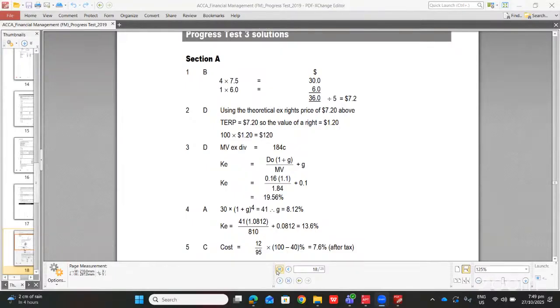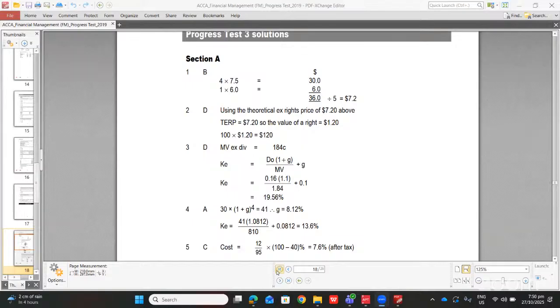And then that will give you what your growth rate is, being 8%. Plug that into your formula now. Your dividend being 41 cents, growth rate being the 8%. Your market value of your shares, 810 cents or $8.10. That gives you a cost of equity of 13.6%. Right, which will give your answer to be A.